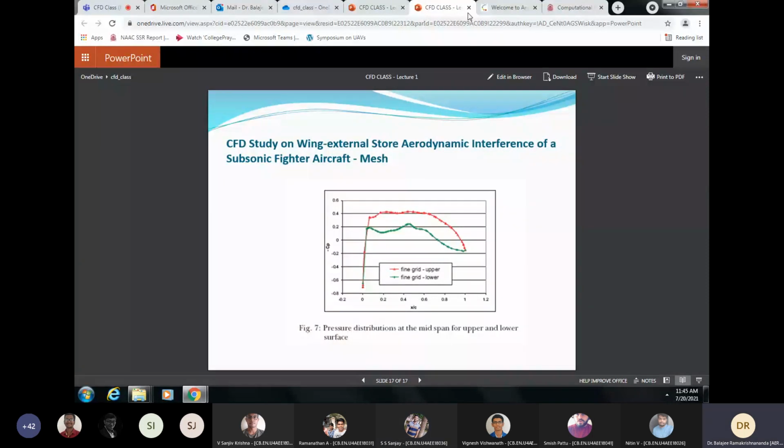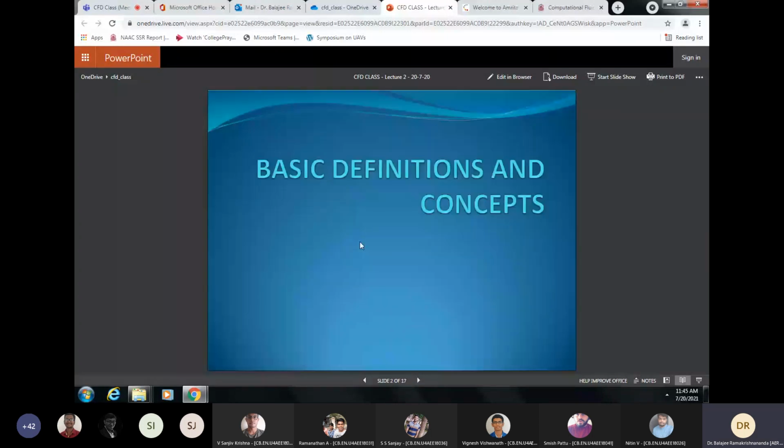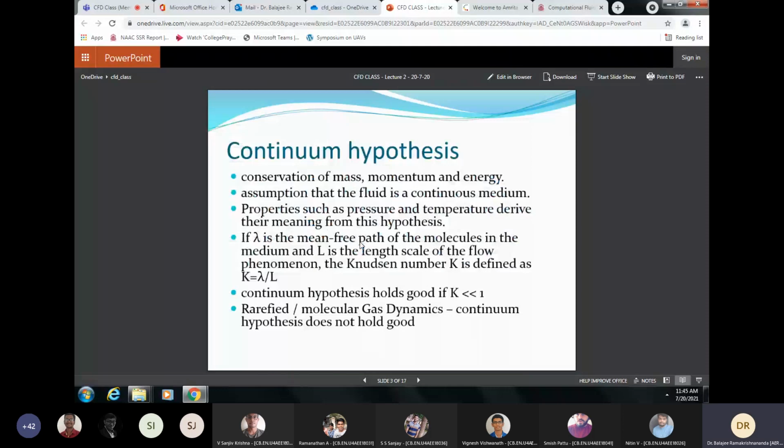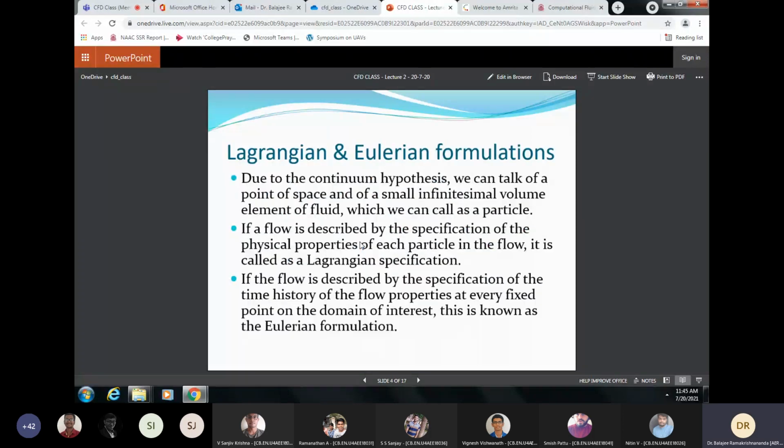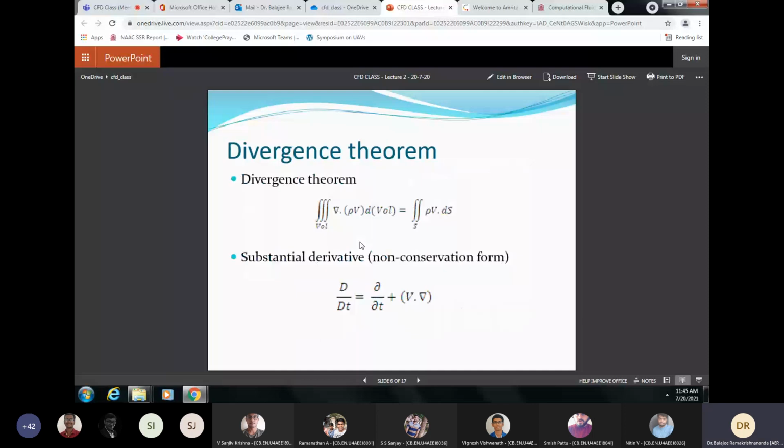Okay, so let's stop here today. Next class we look at some basic definitions and concepts. What is continuum? Lagrangian and Eulerian formulations of the equations. What is control volume? All fluid dynamics stuff. You might have learned fluid dynamics. What is the divergence theorem?